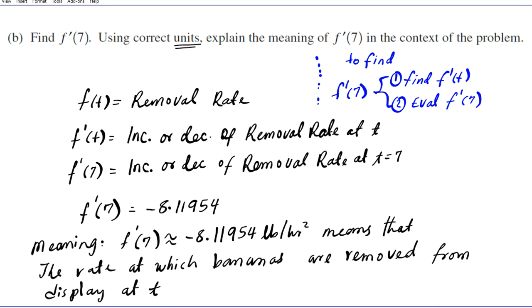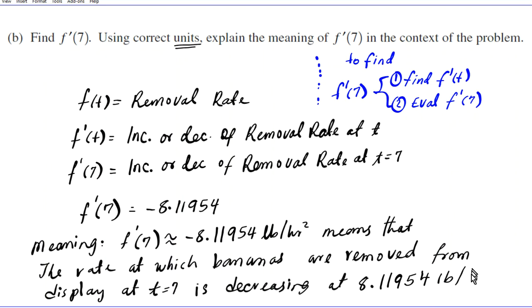At t equals 7, is decreasing. Well, if we say decreasing, we don't have to put the sign anymore. It's decreasing at 8.11954, and we have to include the units, pounds per hour squared, or pounds per hour per hour. It means exactly the same thing.